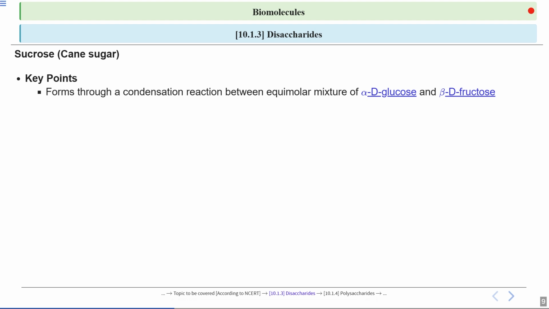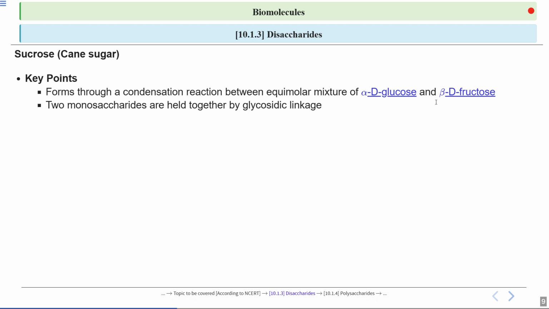So in this case, an equal amount of alpha D glucose and beta D fructose combine to form sucrose. So it is an equimolar mixture. That means in equal amount we take alpha D glucose and beta D fructose and we form sucrose.